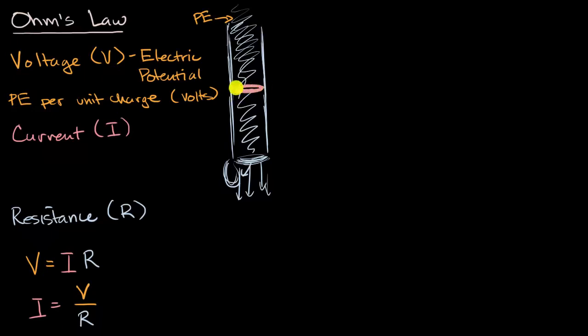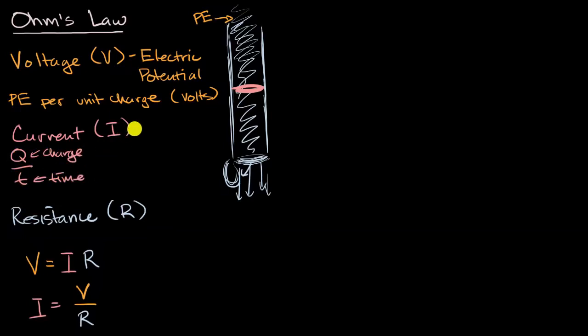And that amount of water that is flowing through the pipe at that point in a specific amount of time, that is analogous to current. Current is the amount of charge, so we could say charge per unit time. Q for charge and T for time.